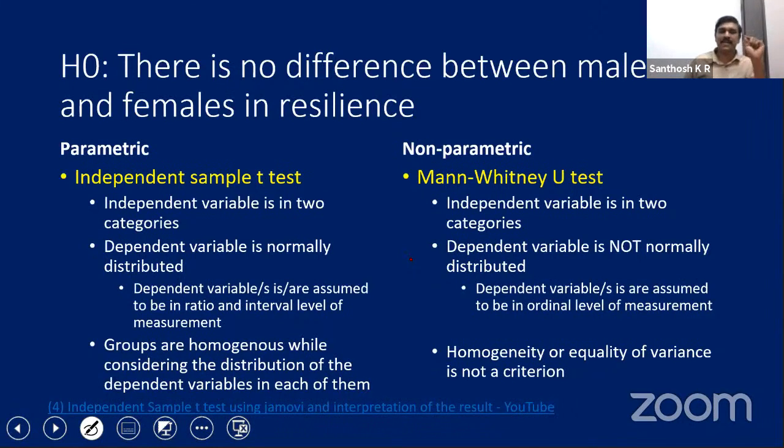If the independent variable is at nominal level of measurement and the dependent variable is at interval level of measurement, then we can go for the independent sample t-test. So the IV is nominal level and the DV is interval or ratio level. The only condition is that the DV, the dependent variable which is at interval or ratio level, is normally distributed. It has to be normally distributed.